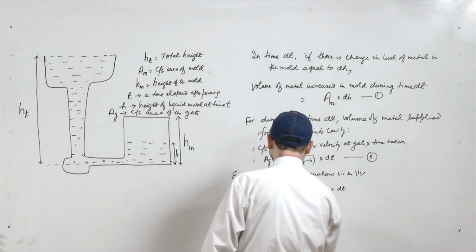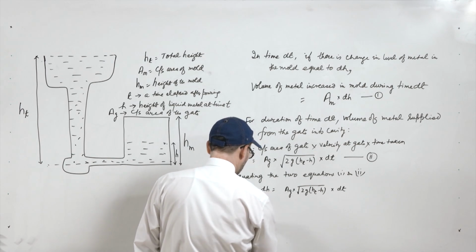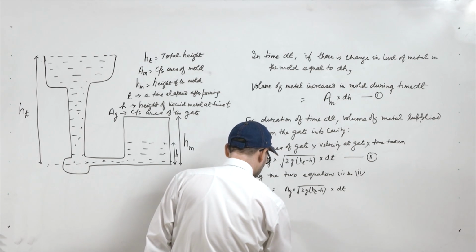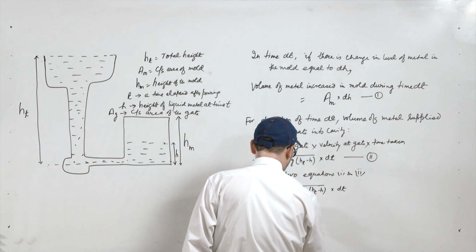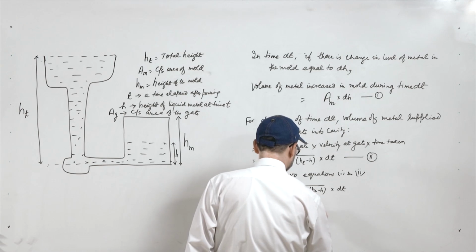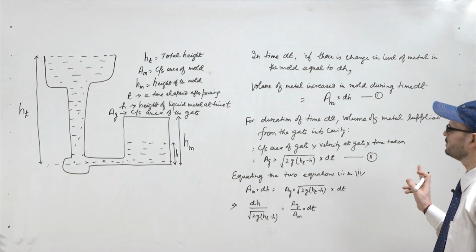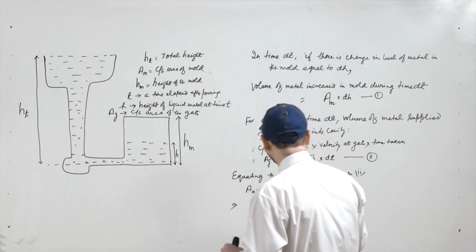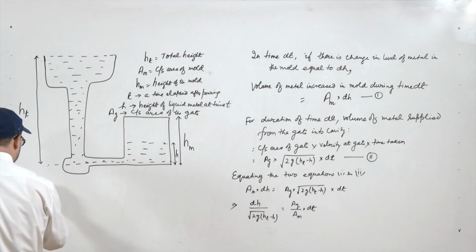So, you can further write dh upon under root 2g (ht minus h) equal to Ag upon Am into dt. So, we have to integrate it on both the sides.